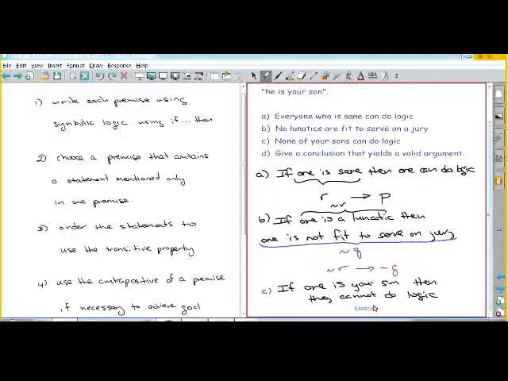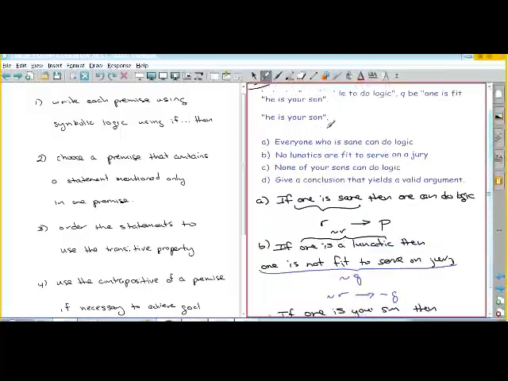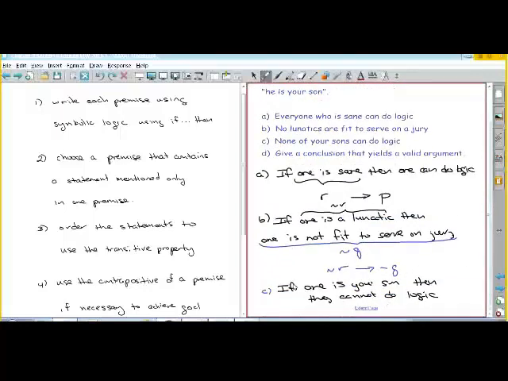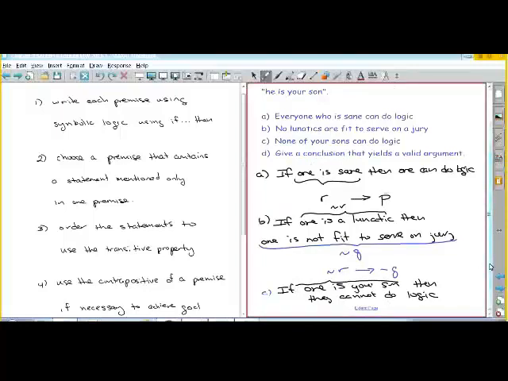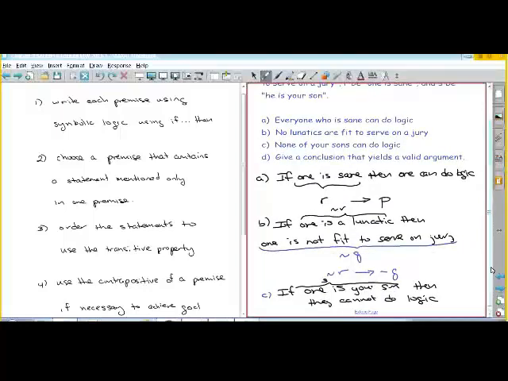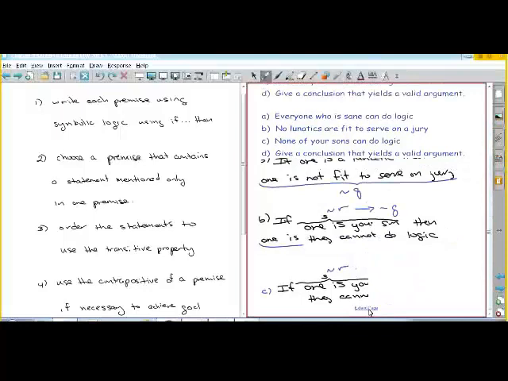Okay, so it's into an if-then statement. Now we need to choose the proper letters. So what was he is your son? That's the same as one is your son. So this first bit here is going to be S. So this little bit is S, statement S.